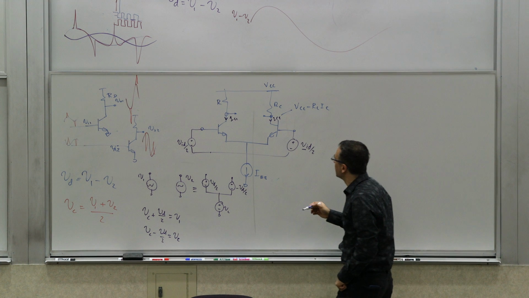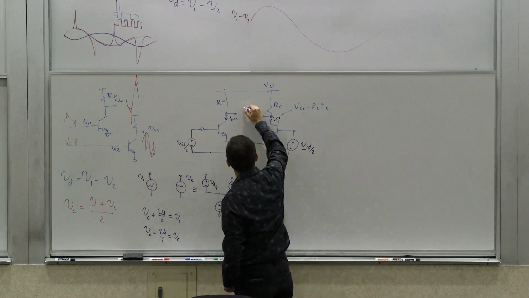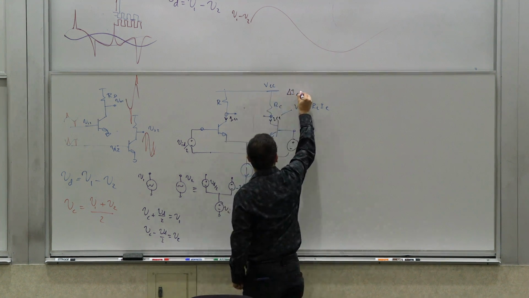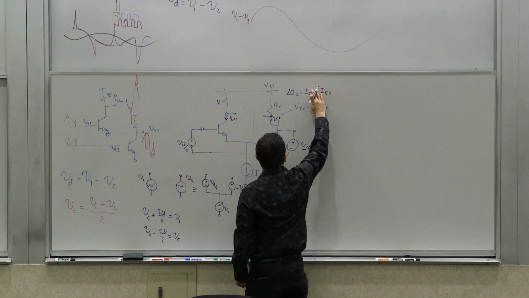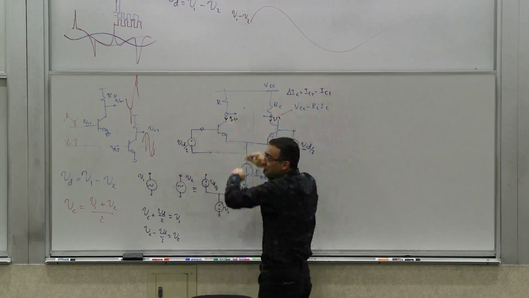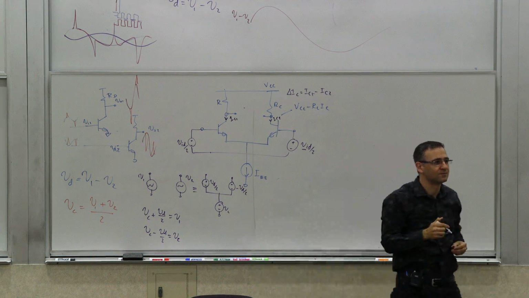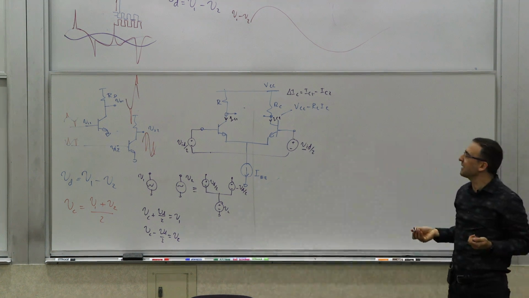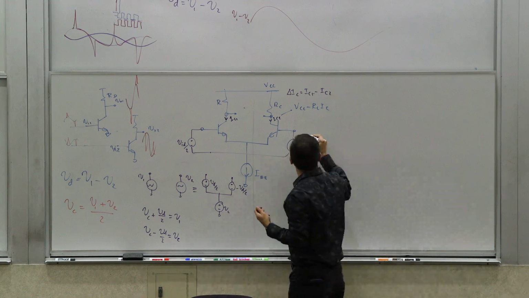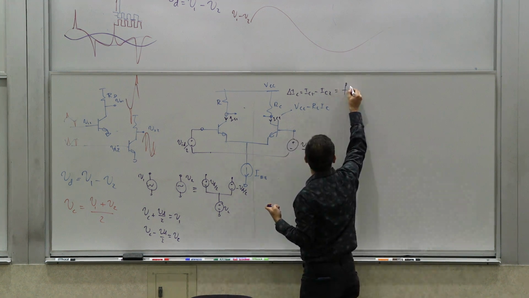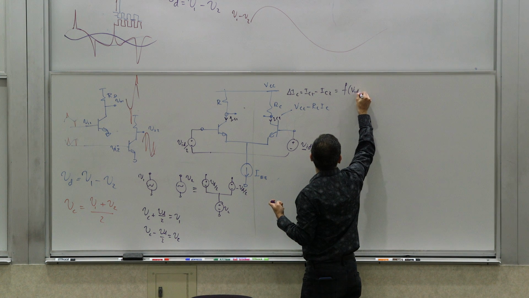Even more interestingly, I'm interested in delta IC, which is IC1 minus IC2, because it's that difference that induces the differential voltage at the output. So we are trying to calculate that as a function of VID.